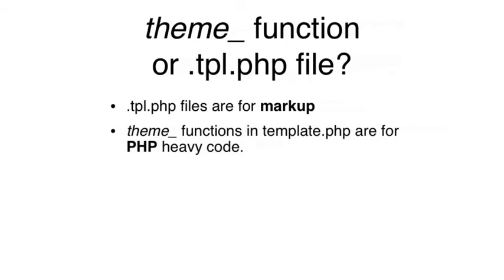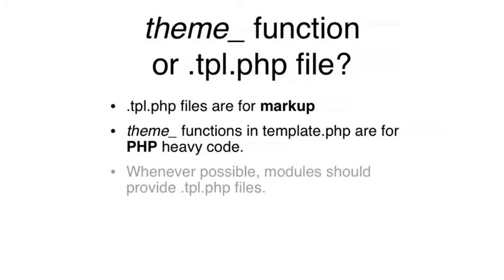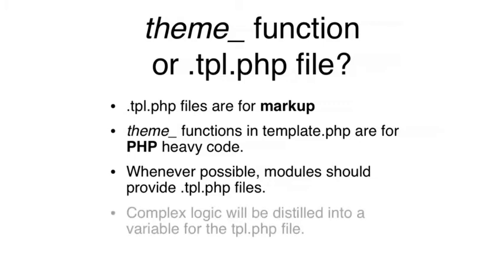The theme functions and preprocess functions in template.php are very, very PHP code heavy, with limited markup in there. Because whenever possible, your modules are also going to be providing these TPL files, and then your themes can override them. Complex logic always will take place in your template.php to create a variable to pass to your TPL files.